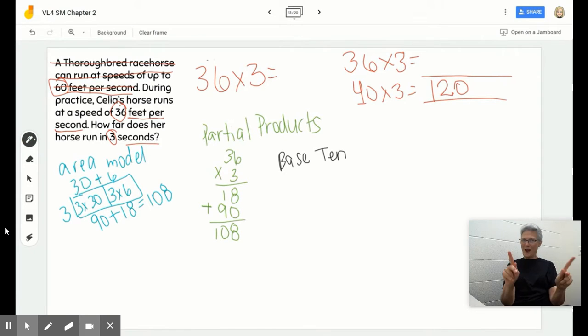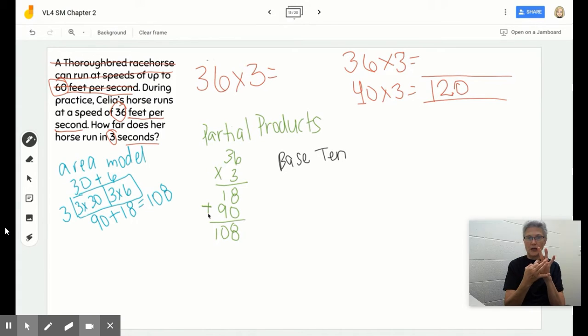Alrighty, you guys, it was your job to solve 36 times 3, and I'm sure that you maybe used the area model. We've got the area model over here at the top, or we have partial products over here to the right. Let's quickly look at that and make a connection.